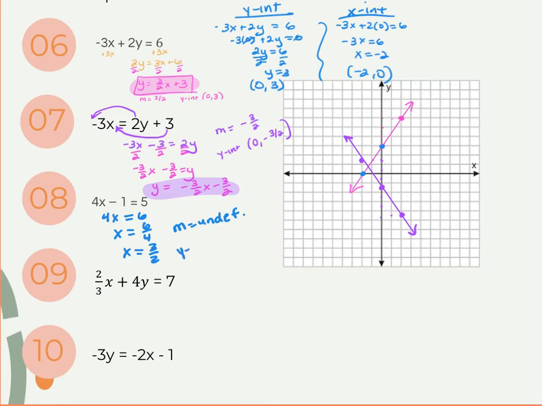And there is no y-intercept. I go over to 1.5 and I draw a straight line through it.